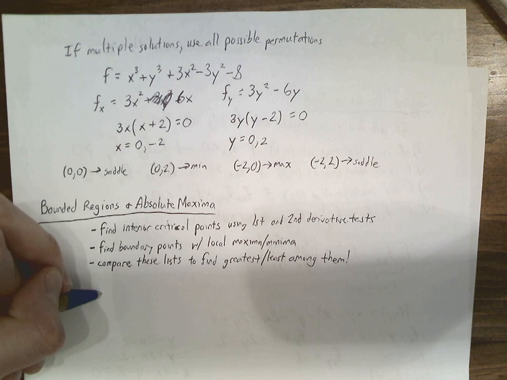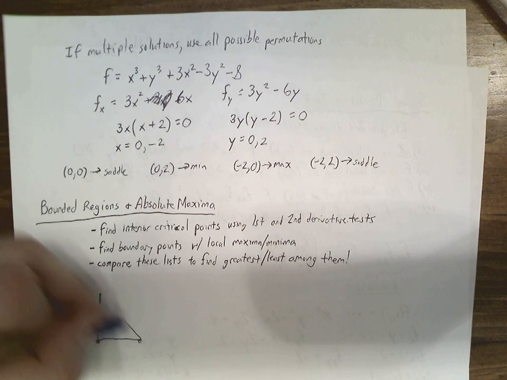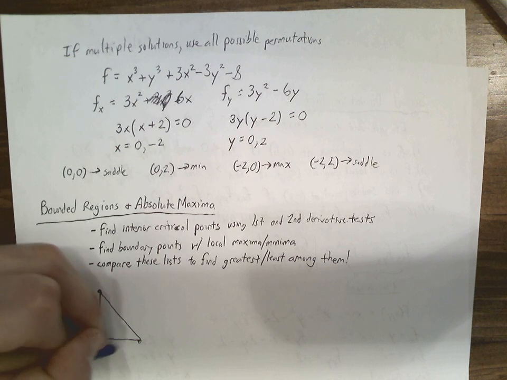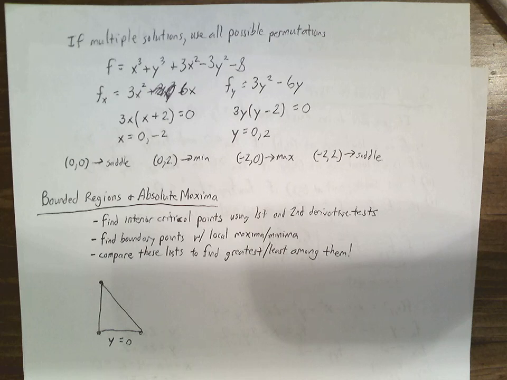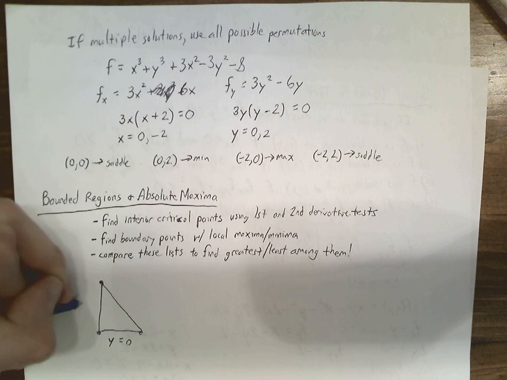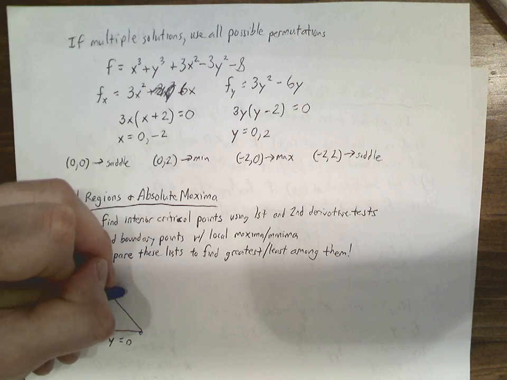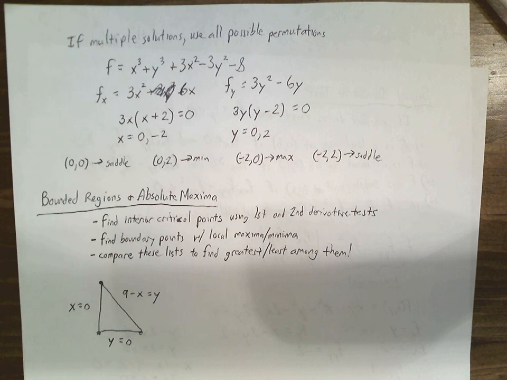So here's our nice region. Well, we'll see how nice it is in a second. It's a triangle. It is defined by the lines y equals 0, the x-axis, x equals 0, the y-axis, and the line y equals 9 minus x.